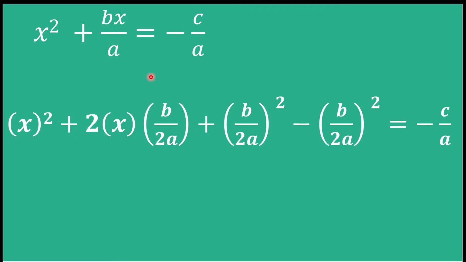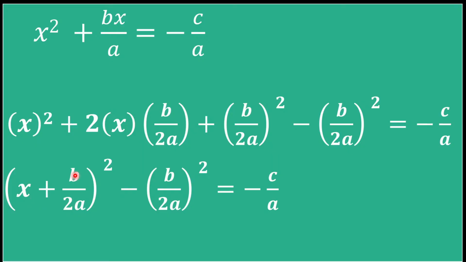Now this whole value will become a plus b whole squared. So this will become x plus b divided by 2a whole squared, because we have a equal to x and b equal to b divided by 2a. So this whole value will become a plus b whole squared minus this b divided by 2a squared, equal to minus c divided by a.